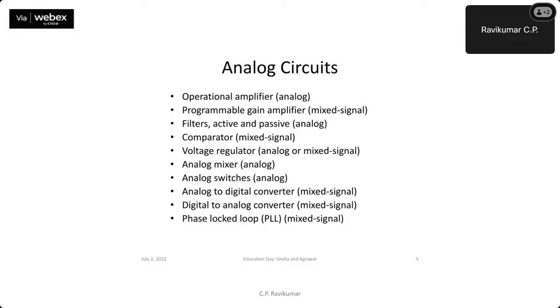This is more common in microcontrollers. For example, a microcontroller like the MSP430 has A to D converters, D to A converters, it may have comparators, it may have some op amps. All of them are integrated into the same chip along with the CPU.